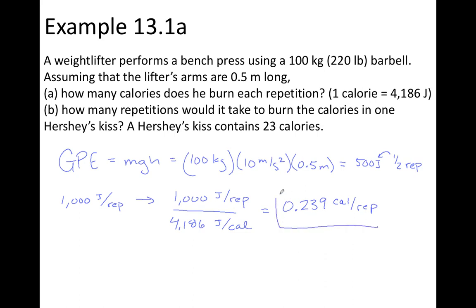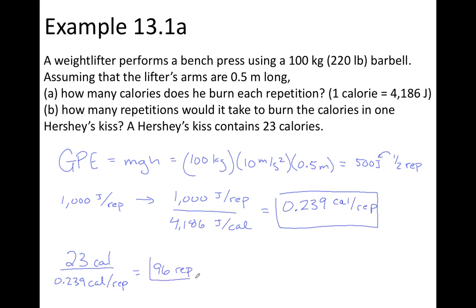Because how many calories would it take to burn off just a Hershey Kiss? A Hershey Kiss contains 23 calories. So 23 calories, if we divide that by the 0.239 calories per repetition, we have a depressing 96 repetitions.